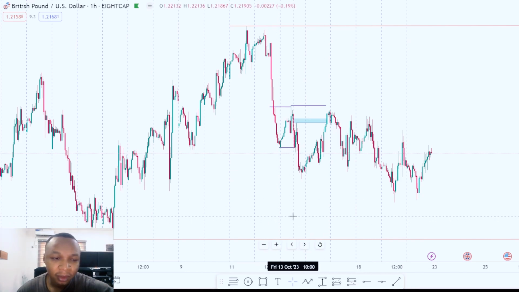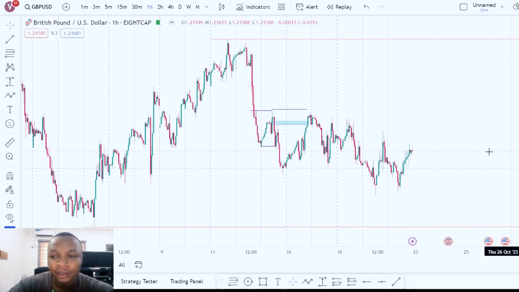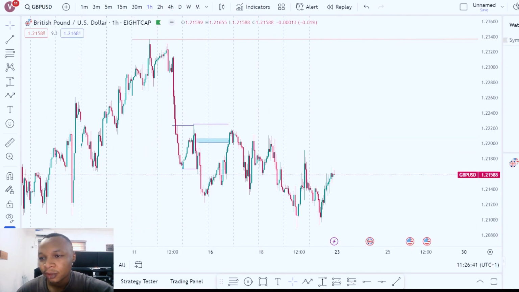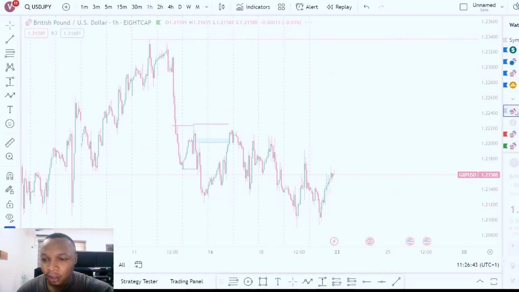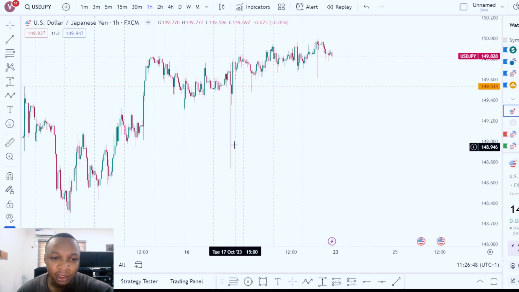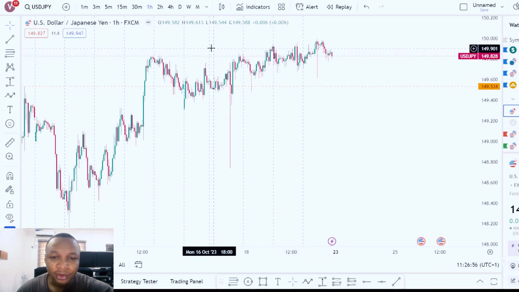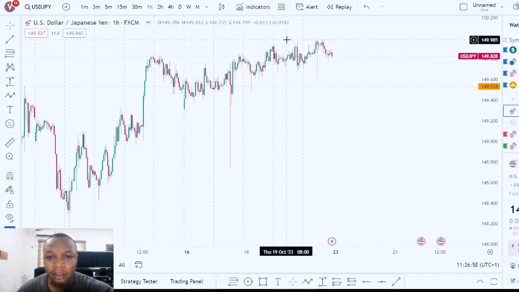For USD JPY, it's been caught up in a very clear range, with some fundamentals backing it, including the Japanese pegging of their price. You can see the price rejection right here off the 150 mark, and another rejection again very close to the 150 mark right here. So there's been strong rejection, and this is fundamentally backed.